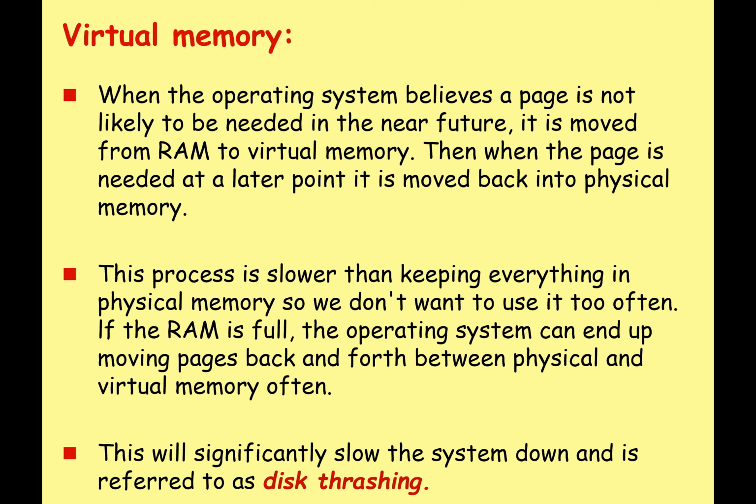So that's when the disk is constantly being used because virtual memory is constantly being used. We're swapping pages between physical memory and virtual memory all the time. In this situation, adding more RAM will speed up your computer because then it doesn't have to keep going back to the secondary storage for data, which can significantly slow down the process if we're using it too much.